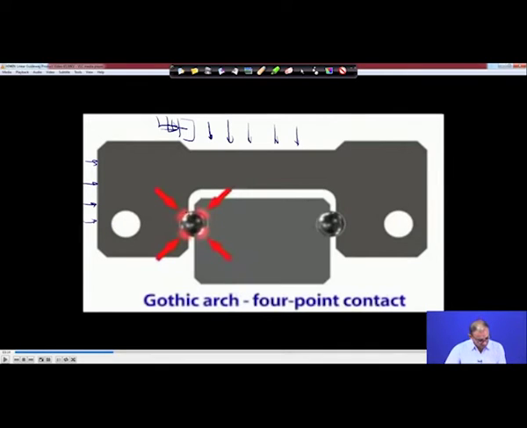So, there are 4 different types of contacts, contact 1, 2, 3 and 4, and you are using a single ball on both sides. That is why it is called the 4-point contact at this location. 2 balls are there and both balls have 4 contacts: 1, 2, 3 and 4. 2 are on the rail side and 2 are on this bottom fixture side. So, this is called a Gothic arc 4-point contact.